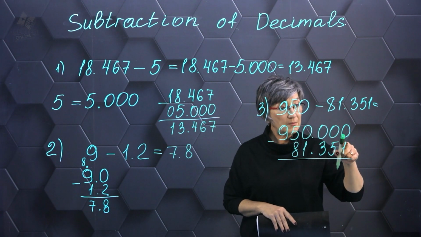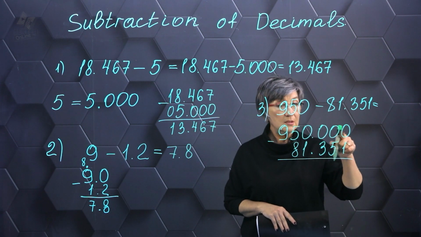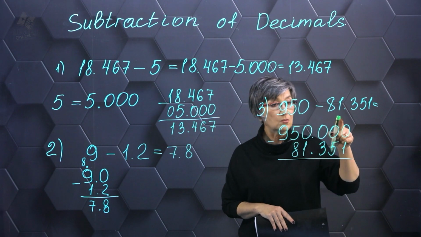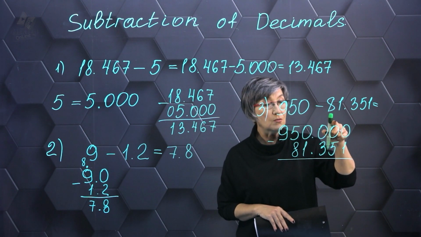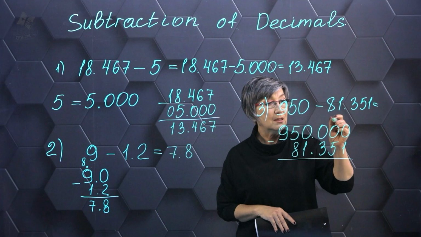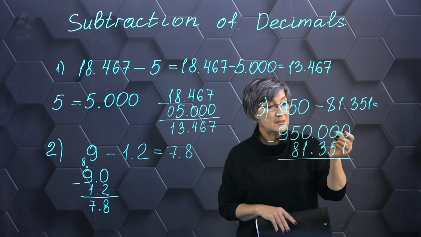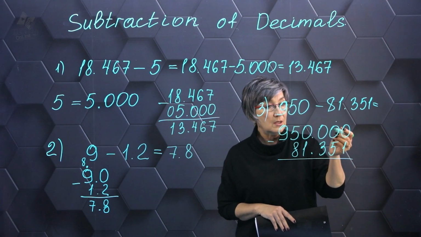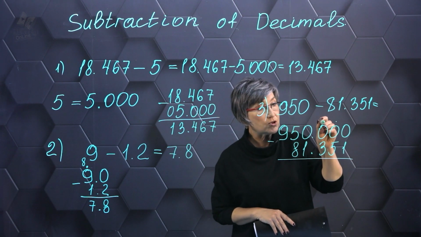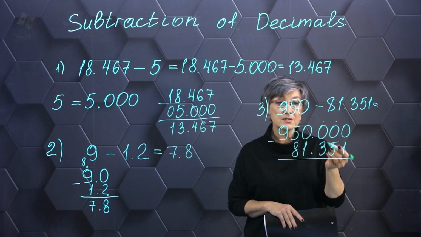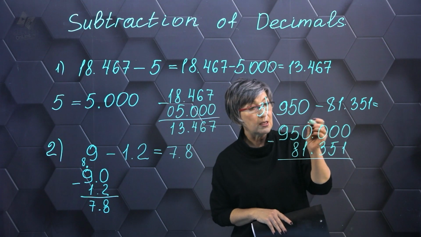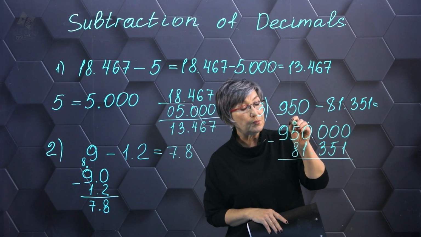I can't subtract 1 from 0, so I have to borrow from the previous digit. But in this case, I have nothing to borrow because there is also 0 here. Then I must go to the next 0, and again I have nothing to borrow. And again. And only at the 5 can I borrow.